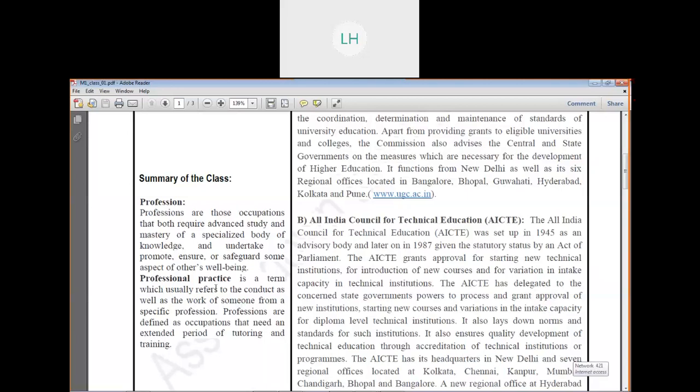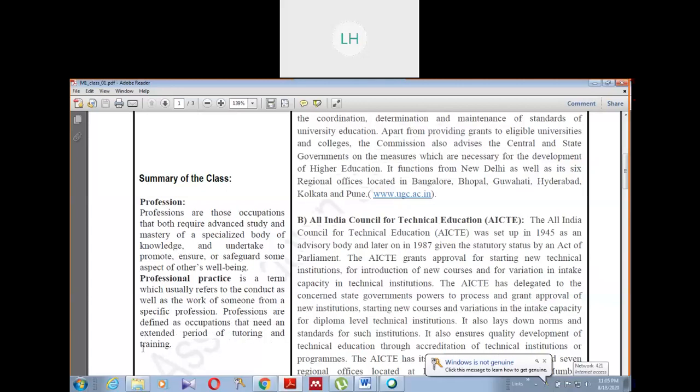So professional practice refers to the conduct as well as the work of someone from a specific profession. Professions are defined as occupations that need an extended period of tutoring and or training. I think you have got some idea about what is profession and professional practice. Am I clear?